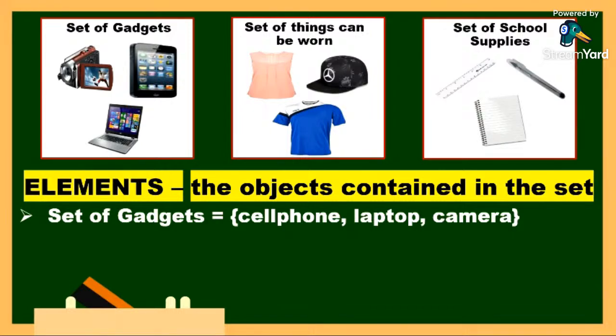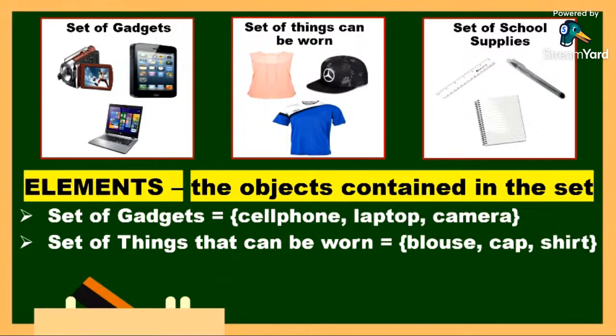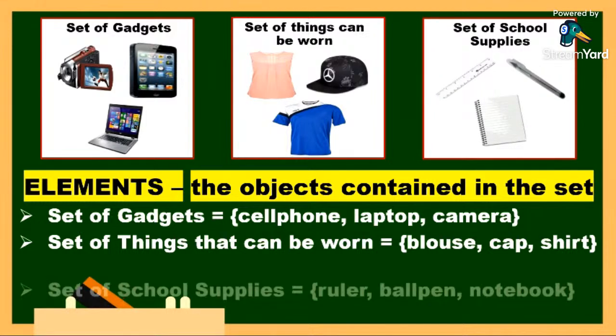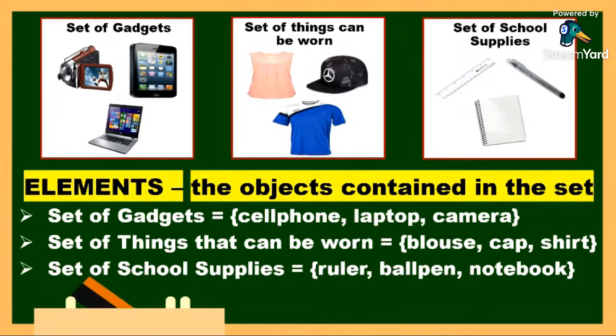At ang tawag sa kanila ay elements. Another is sa set of things that can be worn. Meron siyang elements na blouse, cap, at shirt. At sa set of school supplies naman, meron siyang elements na ruler, ballpen, at notebook.